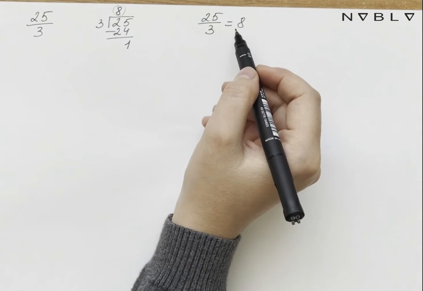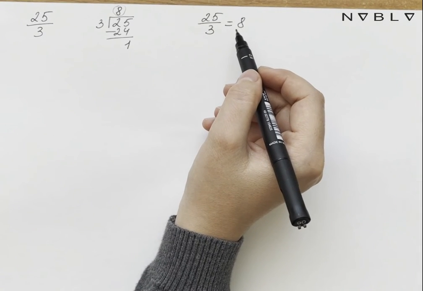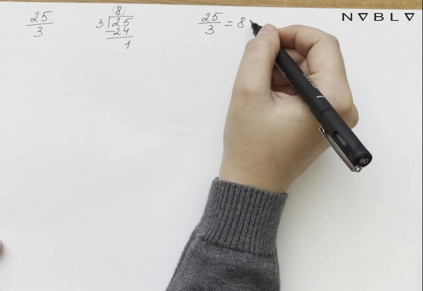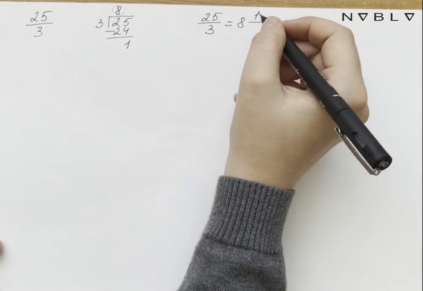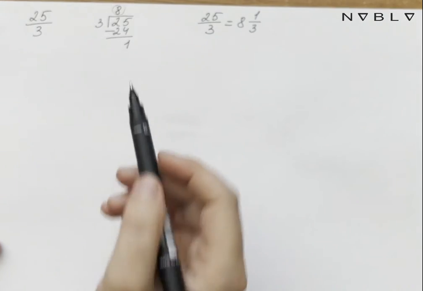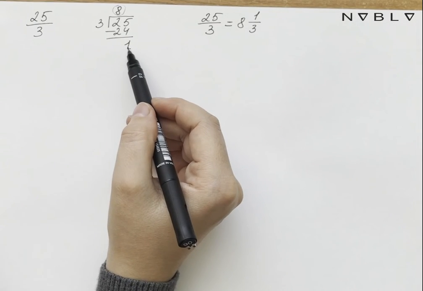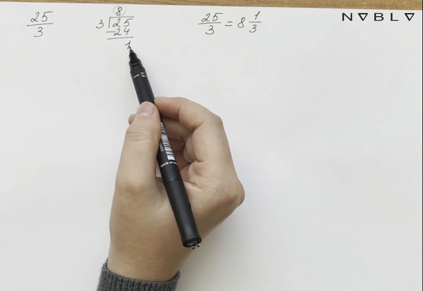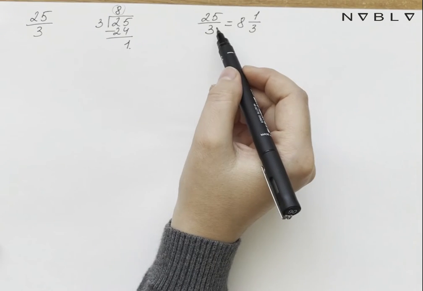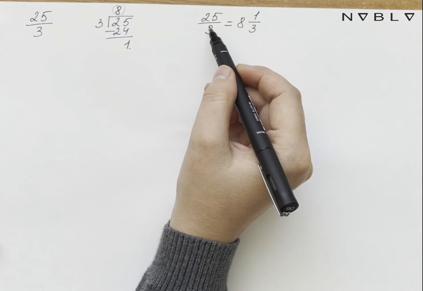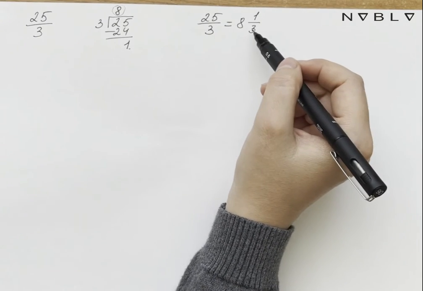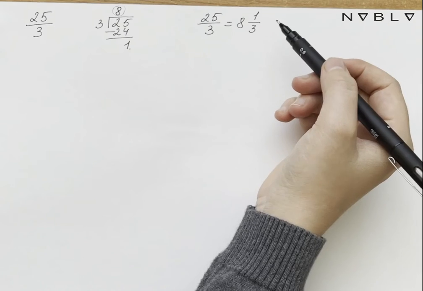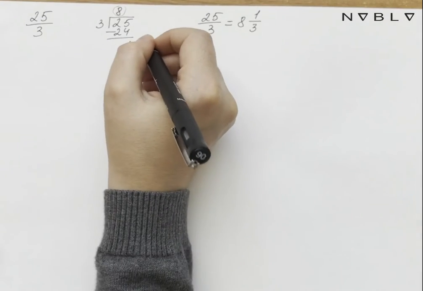It will be the integer number, the whole part, and the fractional part will be 1/3. 1 because it's the remainder, and our denominator doesn't change. It will be the same. It will be 3.